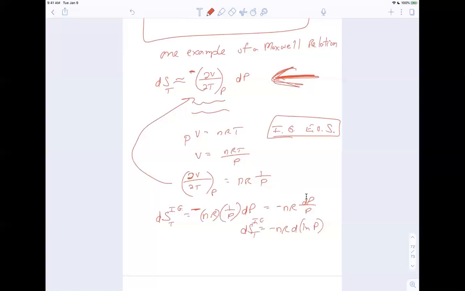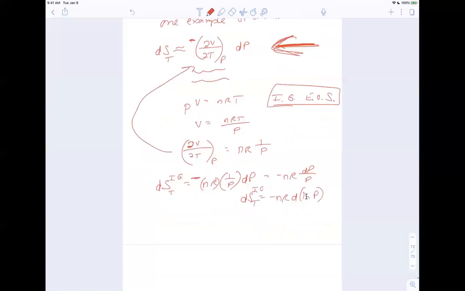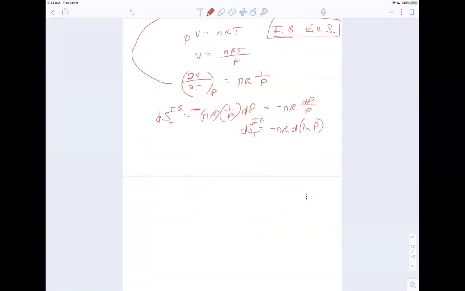And these experimental observations are embodied in something called an equation of state, or you could do this just by using numerical methods. Okay, so once we have dS at constant T for an ideal gas, which is minus nR d log P, you can just integrate. Now it's just a simple integration.